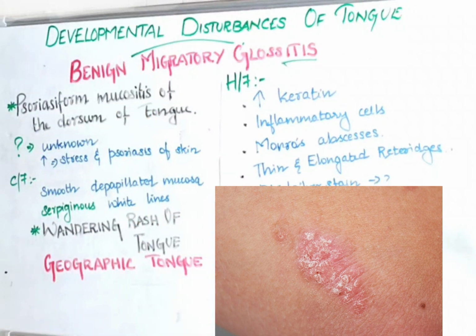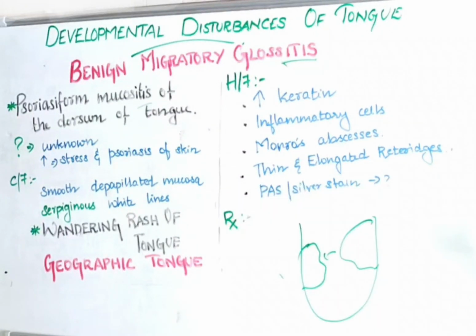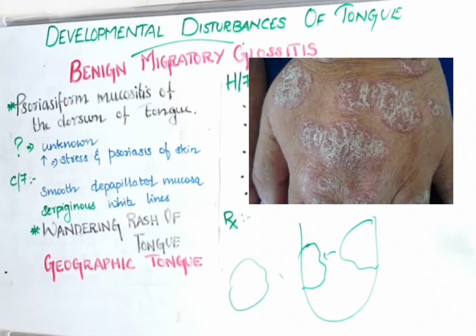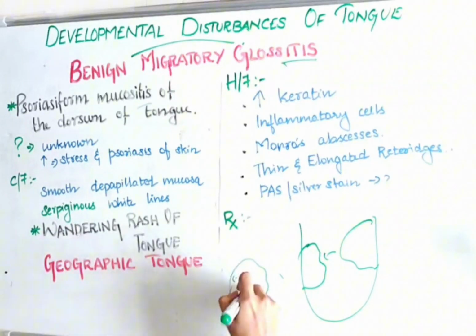Next, psoriasiform. Psoriasiform here shows that the lesion resembles the lesion which we see in psoriasis of skin. In psoriasis of skin, the lesion will be an erythematous area covered by a silvery white or silvery whitish grey plaque which will have some scale. It will have a scaly appearance.